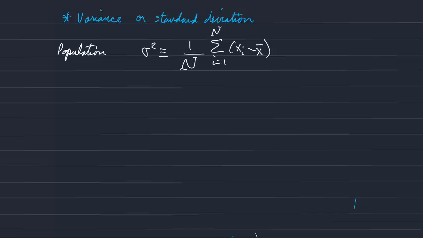We're talking about the population, so we're looking at the deviation from the mean of the population, which is mu, and that's squared. And then for a sample, the variance is s squared, and that's just the mean squared deviation in the sample.